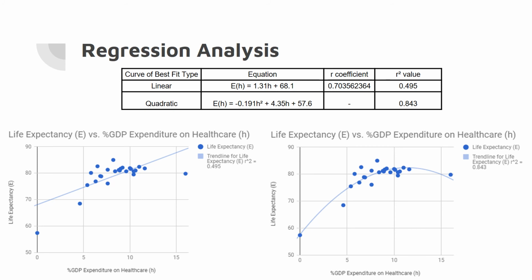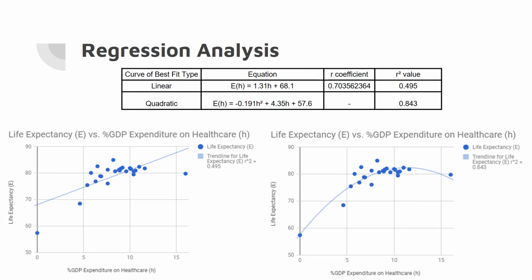So one more point, though. For the quadratic model, it doesn't have an r coefficient because the r coefficient is strictly for linear relationships. But you can compare the r-squared for both of them, and you can see that the quadratic model has way more correlation, which is nice.